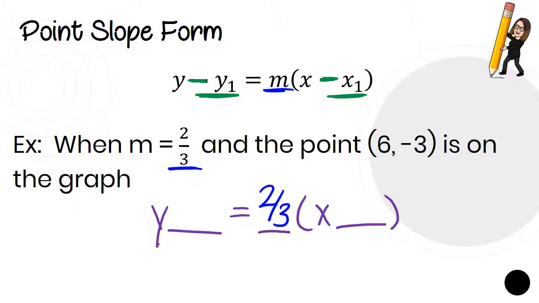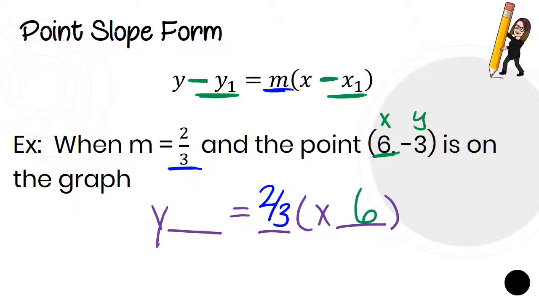What value does this x represent? Does the 6 represent? Oh my goodness. I told you. The 6 represents x, right? It's a coordinate point. So then the -3 represents a y value. So should the 6 go with the x or the y in my equation? Well, it should go with your x. But now we need to determine your sign.